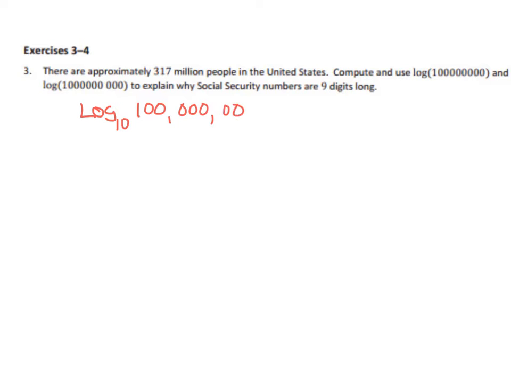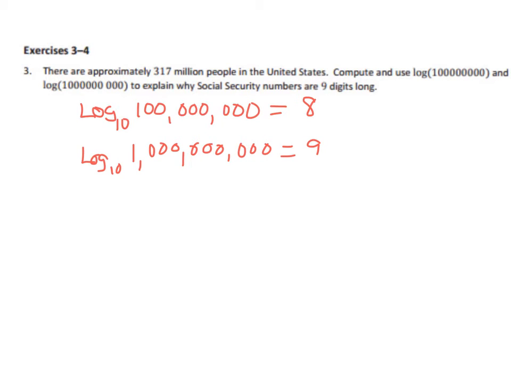You do that on your calculator, you should know from the past you will get 8. So that's 8 digits to make 100 million. And if I do log base 10, once again you don't have to write the 10, of 1 billion, you will get 9.